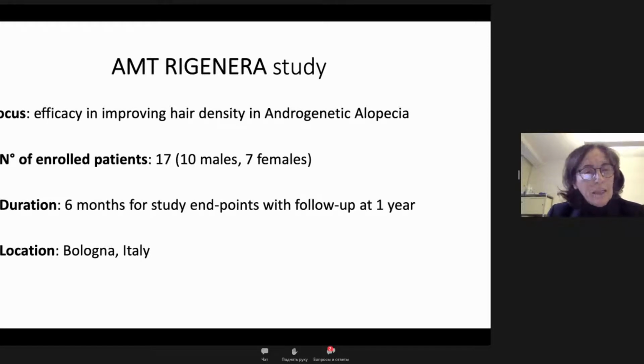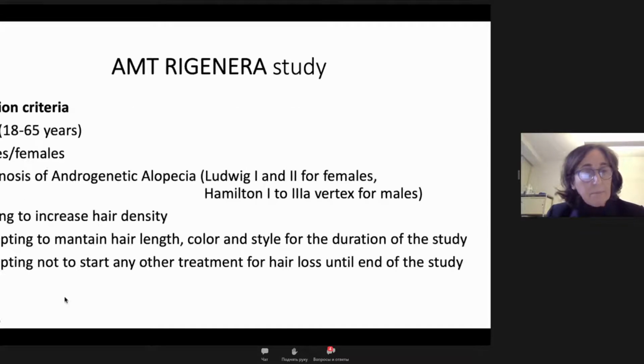In this study, we enrolled 17 subjects, 10 males and 7 females. And the study lasted 6 months for assessing the endpoints, and we performed also, when possible, a follow-up at 1 year. Here you can see the inclusion criteria.